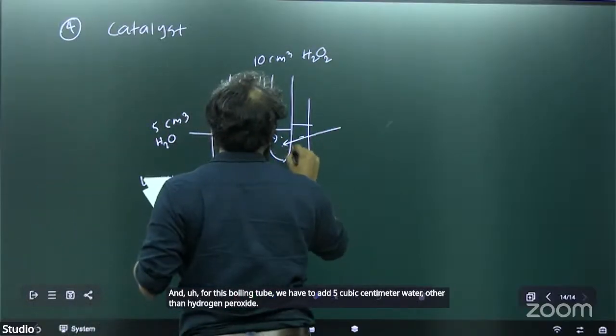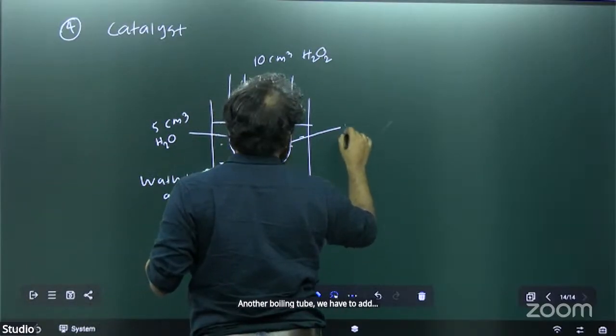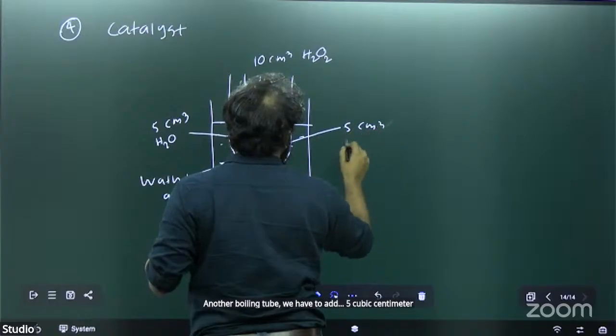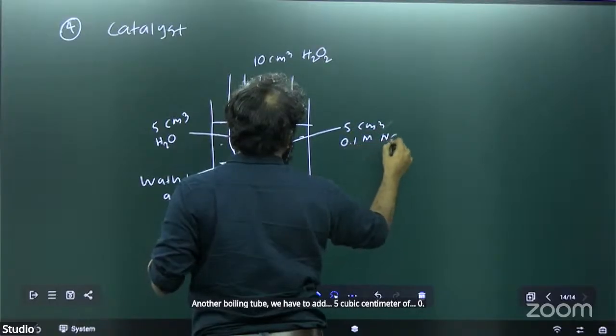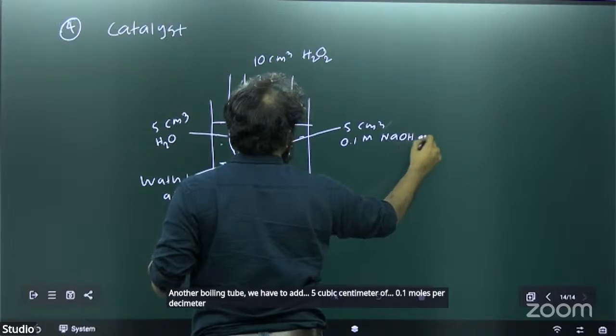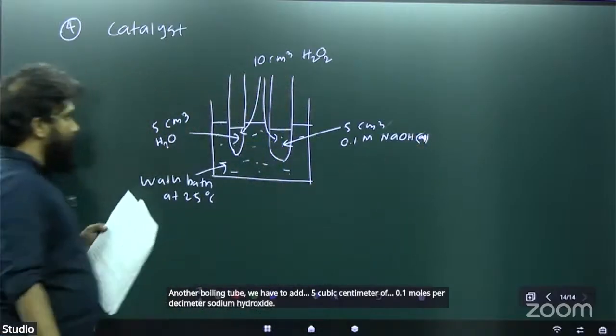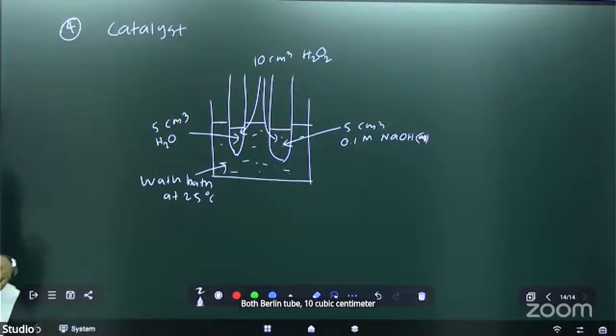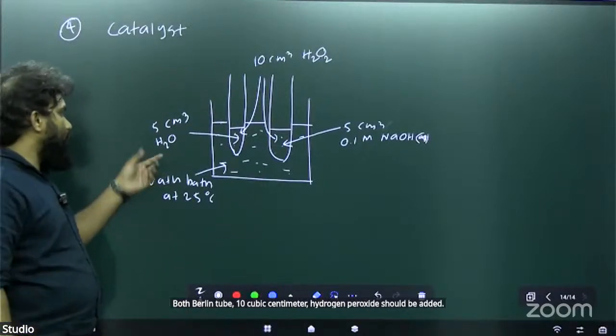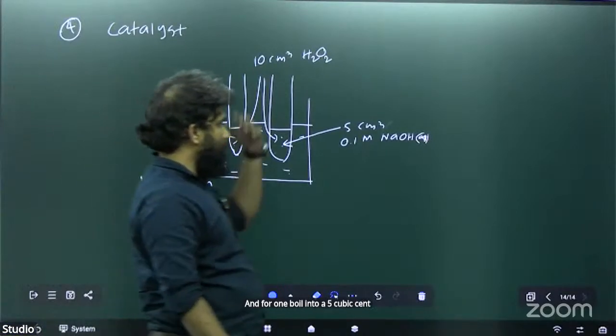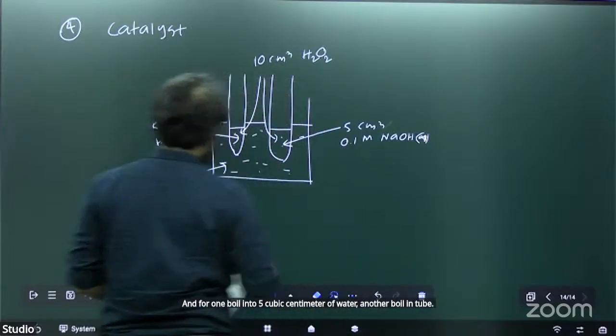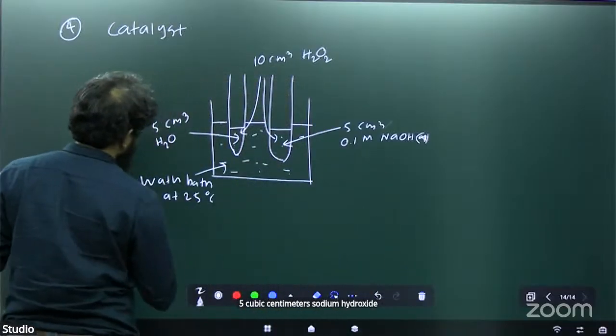For the other boiling tube, we add 5 cubic centimeter of 0.1 moles per decimeter cubed sodium hydroxide. Both boiling tubes get 10 cubic centimeter hydrogen peroxide, and one gets 5 cubic centimeter water and the other 5 cubic centimeter sodium hydroxide. Then what is the reaction?